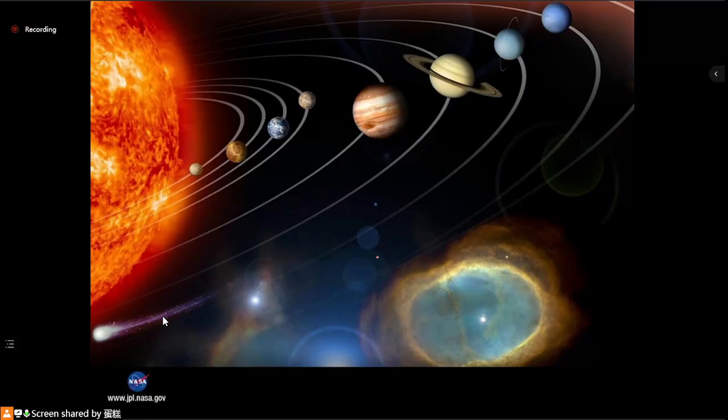That's why the gravitational force is one of the most important forces in the universe. All the planets go around the sun because of the gravity between them.